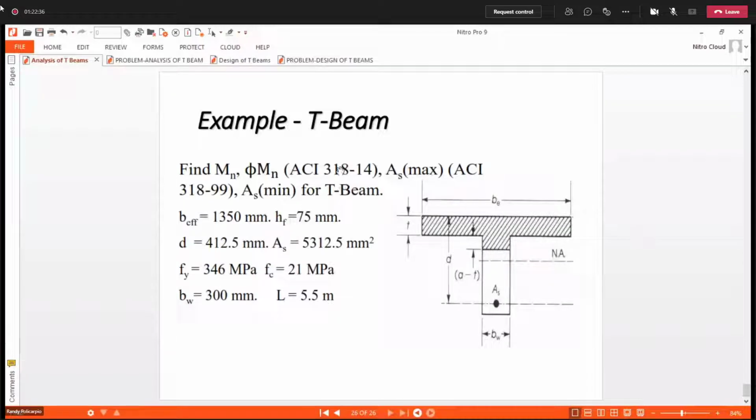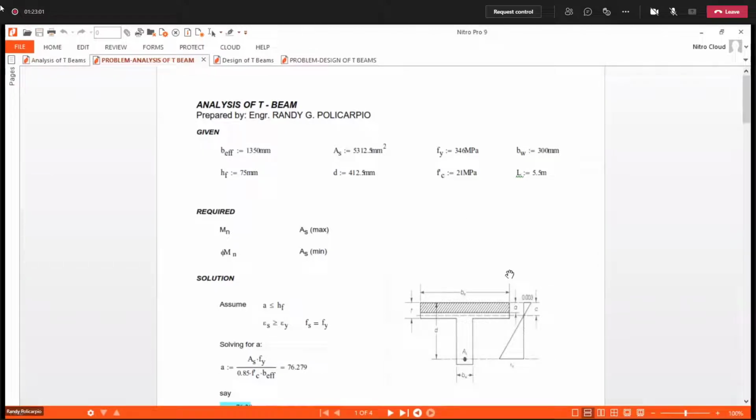Okay, so let us solve this given problem. We're going to determine nominal design moment using the latest code, then AS max and AS minimum. So that is based from the AS max based from the 1999 code. Okay, so let us look at now itong given problem natin.